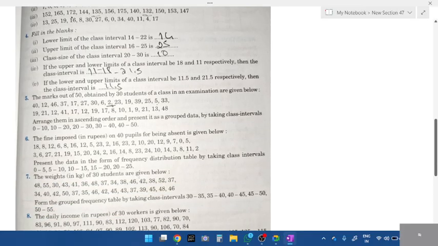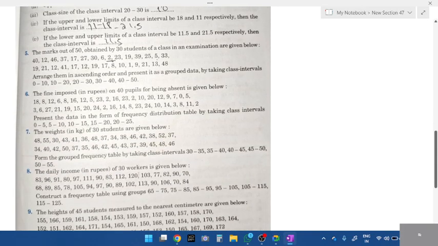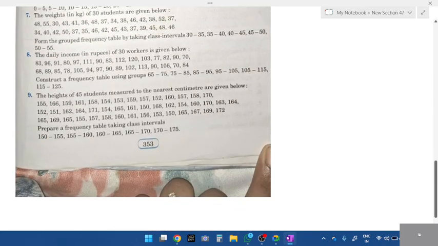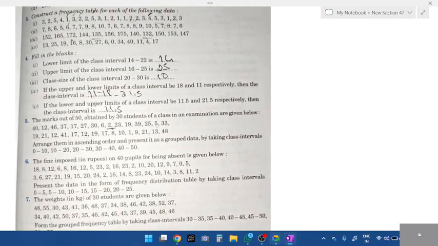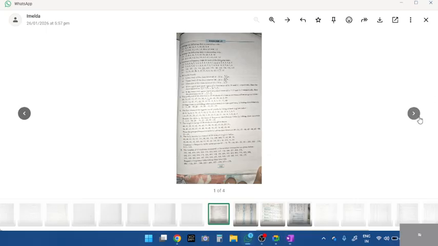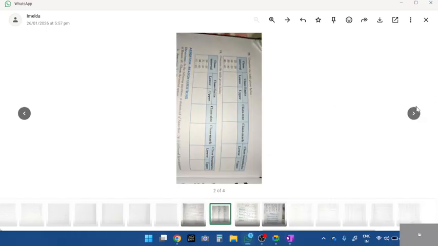Arrange them in ascending, rupees, height of 50. Nine questions are there. You have class size, class marks, upper limit, lower limit.